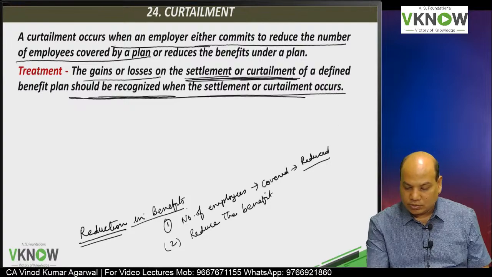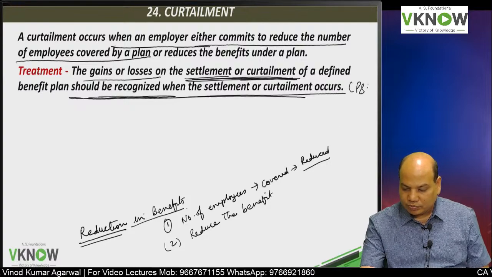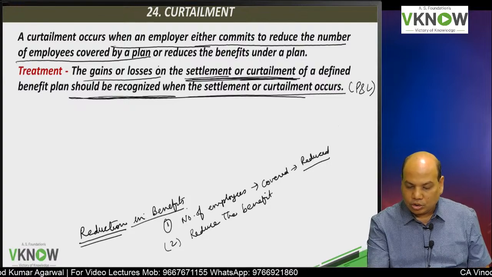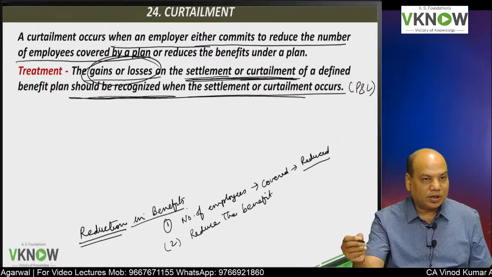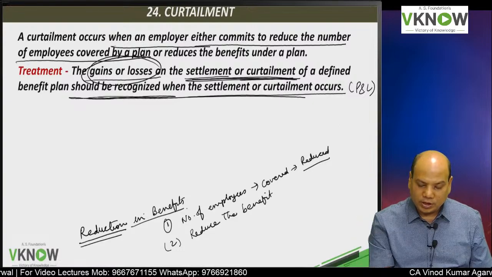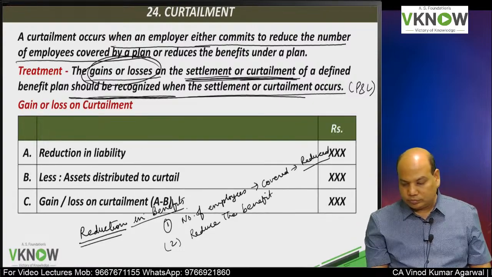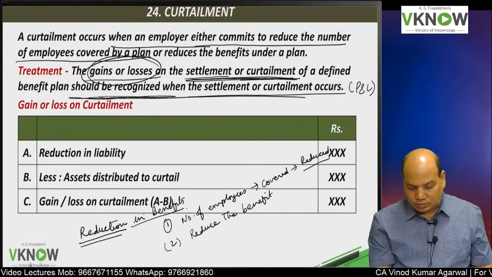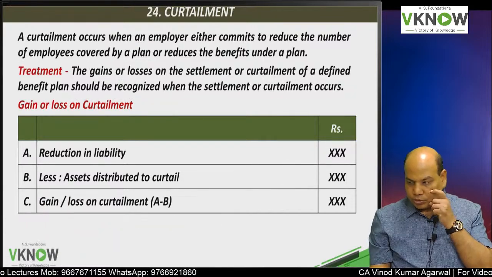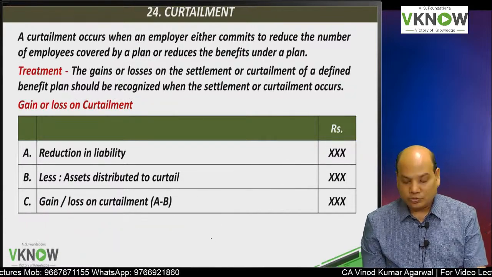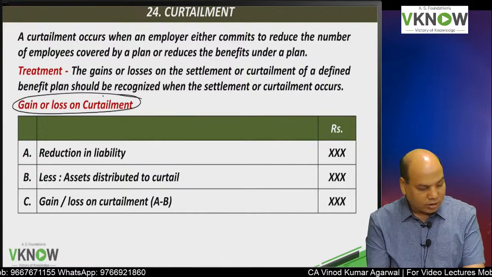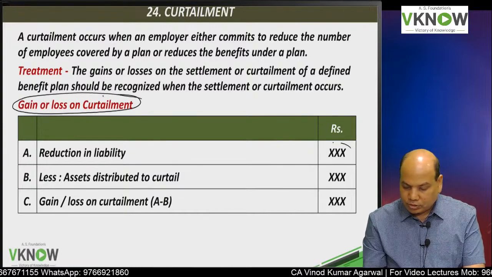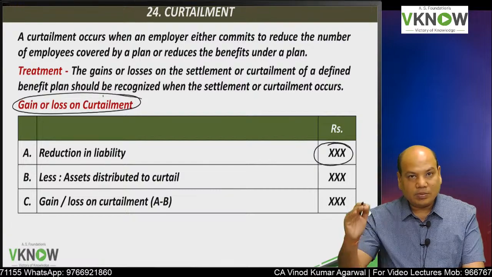So P&L account: any gain or loss on curtailment or settlement will be recognized immediately in profit and loss account. So how to compute the gain or loss on curtailment? Suppose there is a reduction in liability.